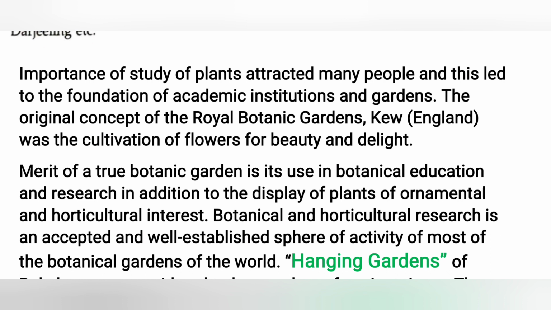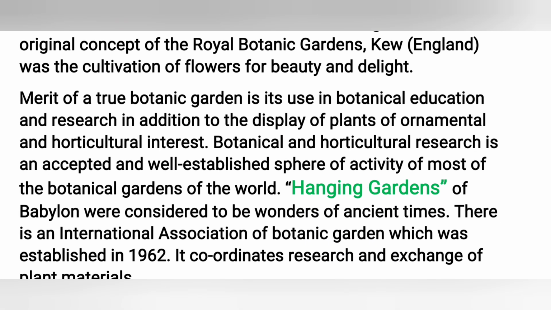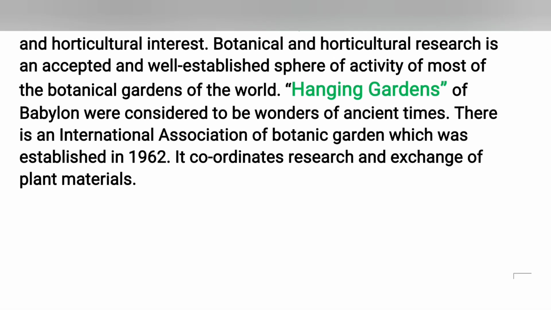Means at present botanical study and horticultural research is the main focus in botanical gardens. Hanging Gardens of Babylon were considered to be wonders of the ancient times. There is an International Association of Botanical Gardens which was established in 1962. It coordinates research and exchange of plant material.